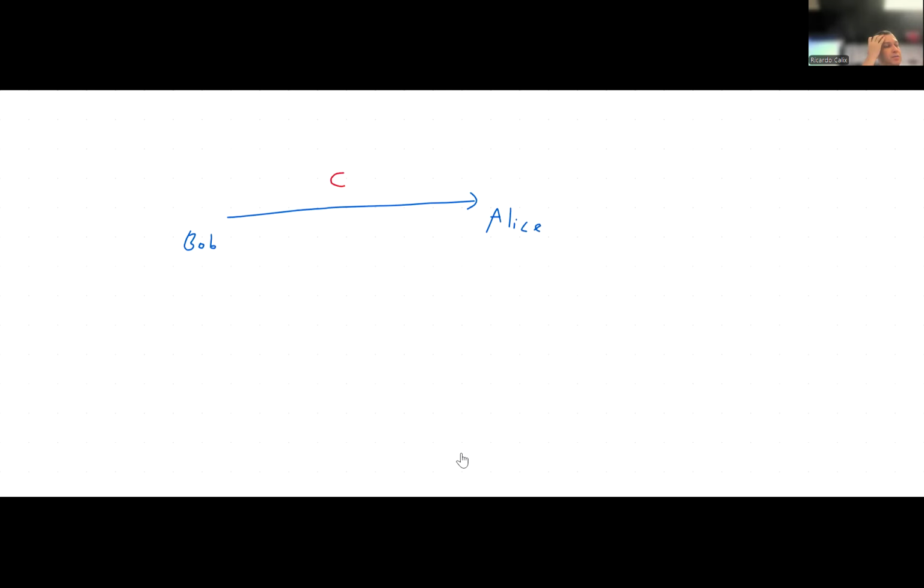So Alice receives the ciphertext C from Bob, and Alice will use her private key to decrypt the ciphertext to get the original message. So how do we do that? We're going to have M equal C to the D mod N. Do you guys see that?